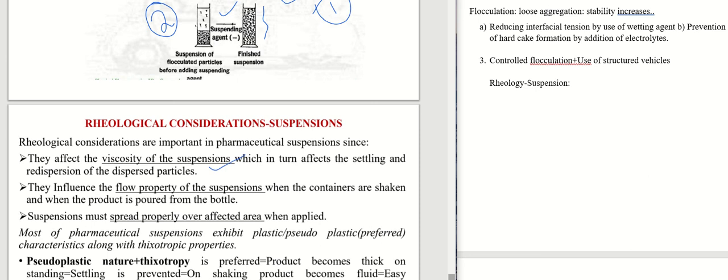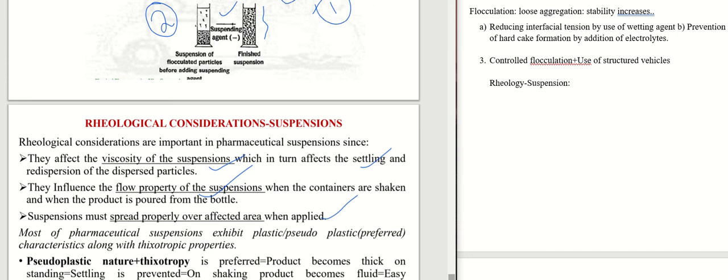We need to make sure the viscous nature is sufficient to prevent settling or sedimentation, and also it should not be so viscous that it cannot be applied. So it should have optimum viscosity so that it has good flow property. It should be easily pourable out of the container and easily spreadable over the skin if it is applied over the surface of the skin.